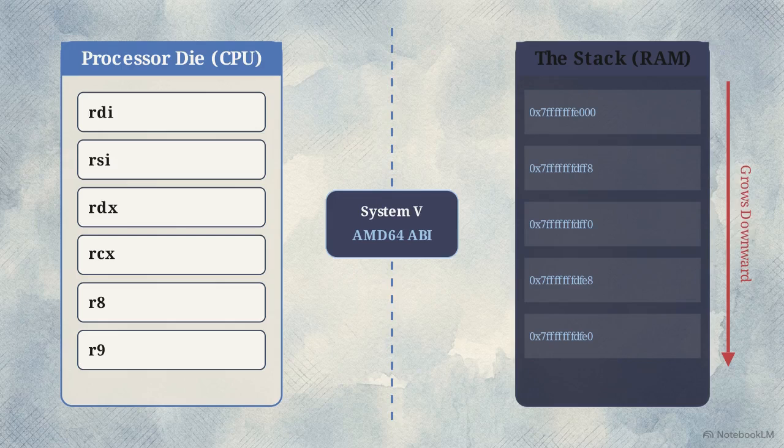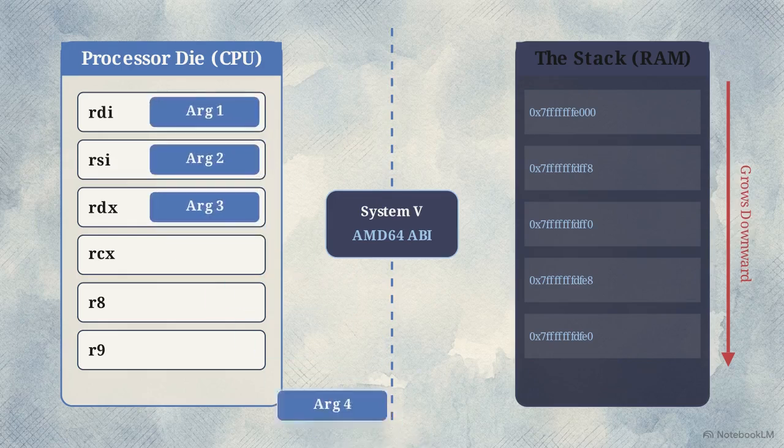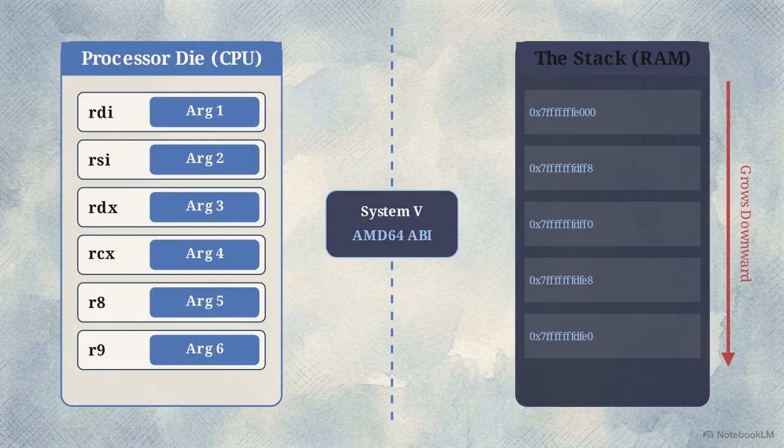The primary rule of the ABI is that the first 6 function arguments bypass memory entirely. They are loaded directly into designated hardware registers like RDI and RSI. But any argument beyond the 6th triggers an overflow mechanism. That extra data is pushed downward, falling past the CPU directly into the stack.